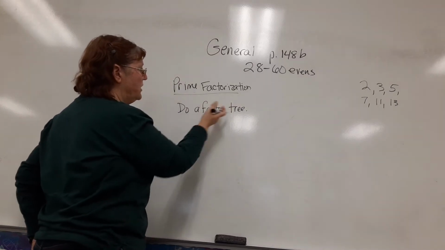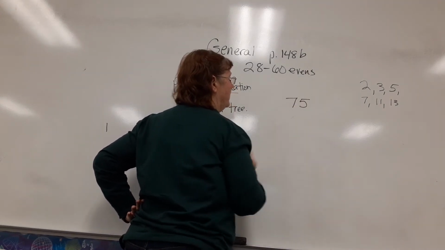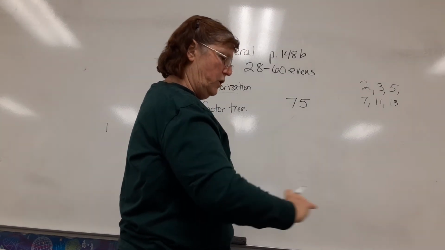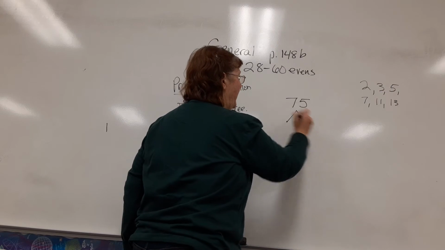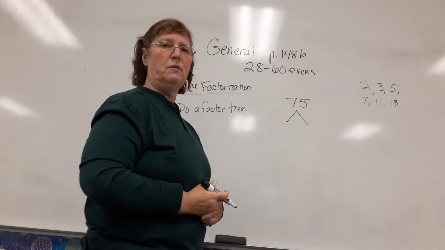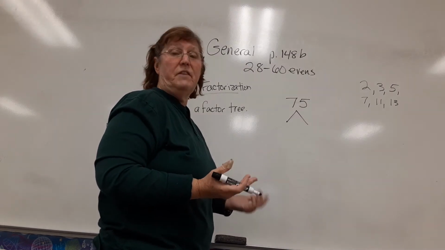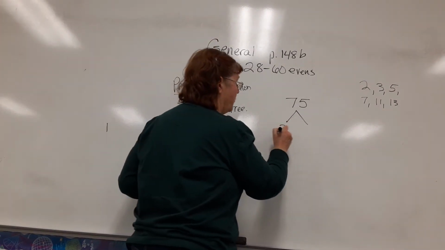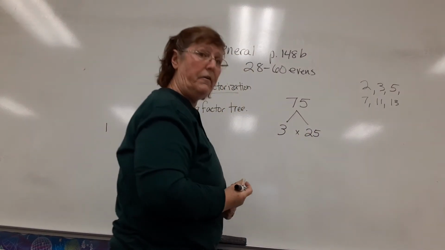So if we were going to do a factor tree for, say, 75, I need to break it down into all the prime numbers that, when you multiply them together, multiply to be 75. So I need 2 numbers that multiply to be 75. Well, if I think of 75 as 75 cents, that's 3/4, right? So I know that a quarter is 25 cents, so 3 times 25 would work.